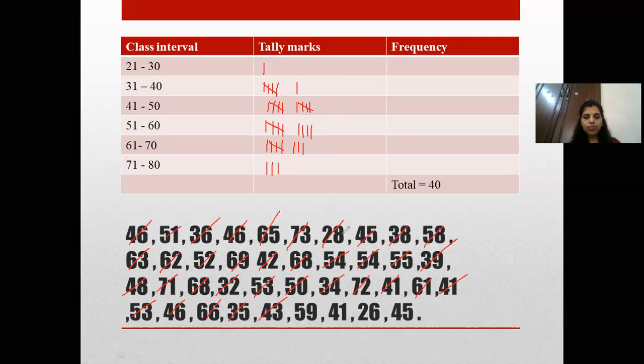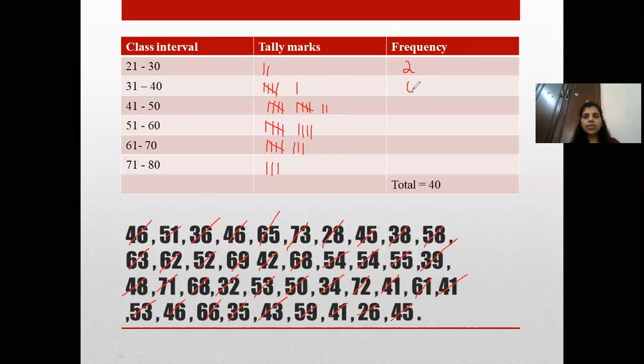It will be over here. 41, so 41 to 50. Again, it will be in this group. I put 59 and 41. So I'll strike it off. Now 26, 21 to 30. Strike it off. 45. It will be between 41 to 50. You can see here it is 2.